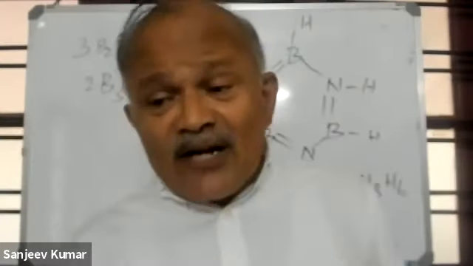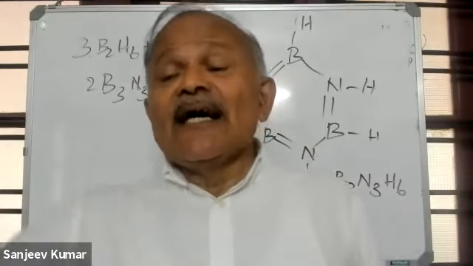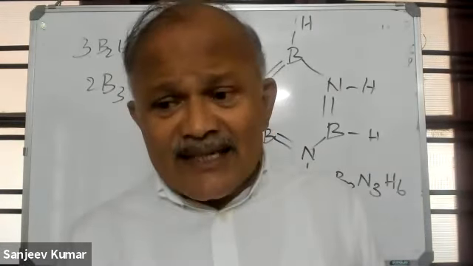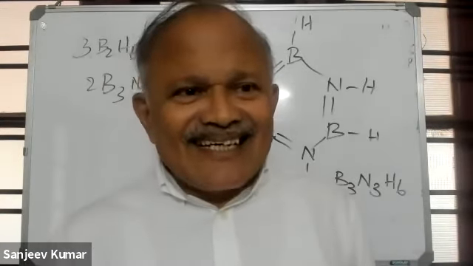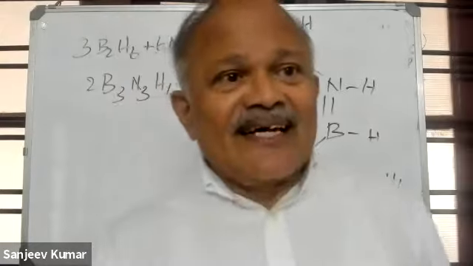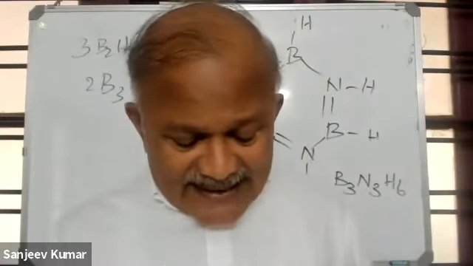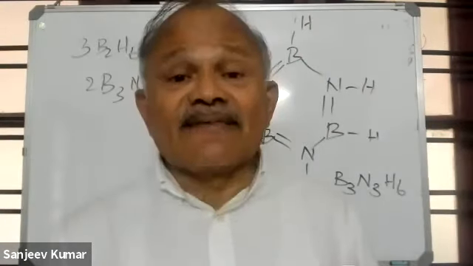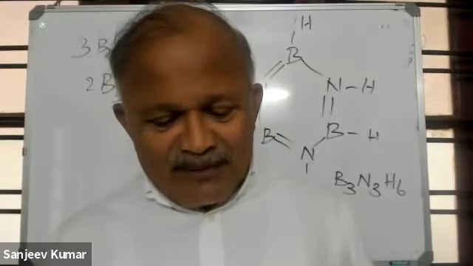But SiCl4 is hydrolyzed. Easier than SiCl4, phosphorus pentachloride is hydrolyzed. Easier than that is aluminum chloride. And therefore the order is CCl4 less than SiCl4 less than PCl5 less than AlCl3. Choice A.